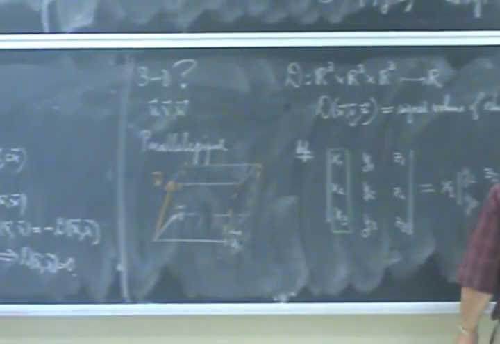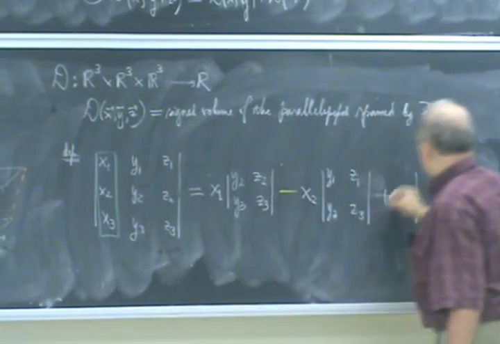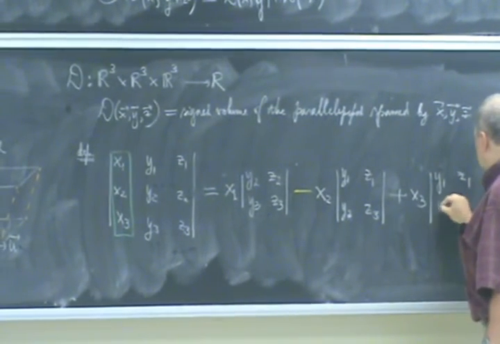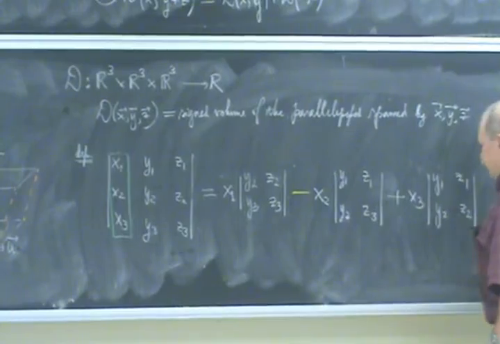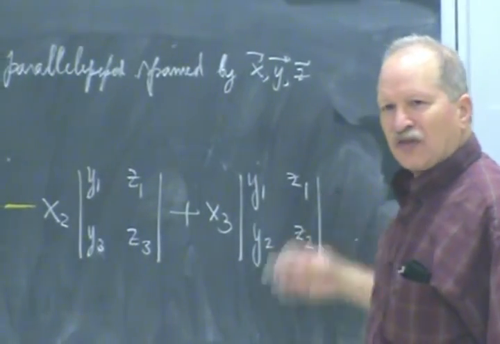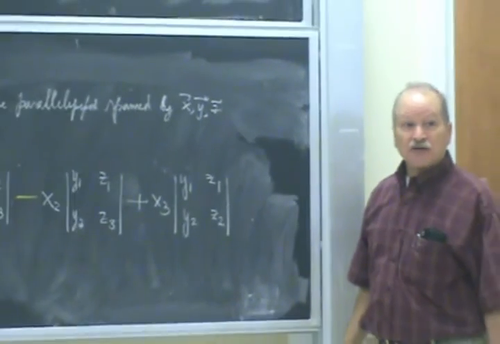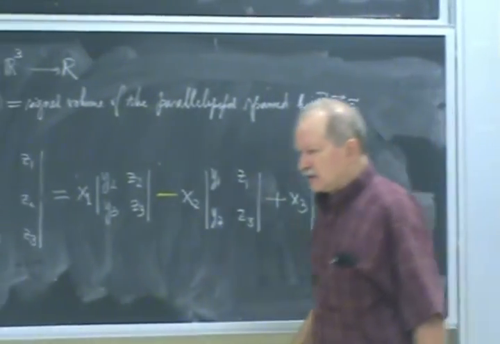And then lastly, you put the last x times the determinant of the first and second rows of y and z. So that's a formula. What in the world does it mean? How many of you have seen this before? Not everybody, okay. It's a version of minors, right?